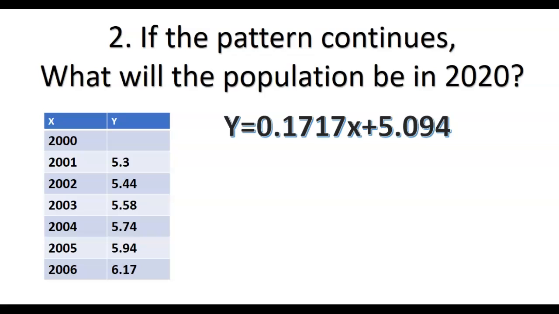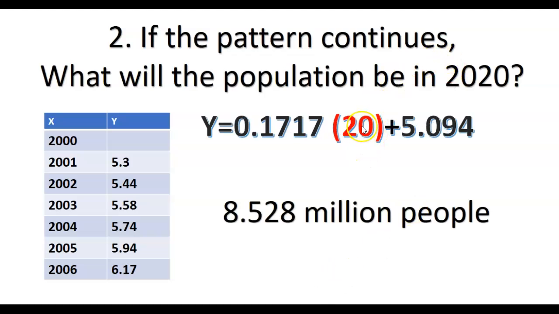So if this started and 1 represents year 2001 and 2 represents 2002, then if I want to find the population in 2020, that would be 20 years later.